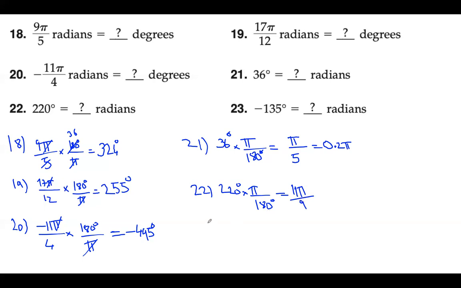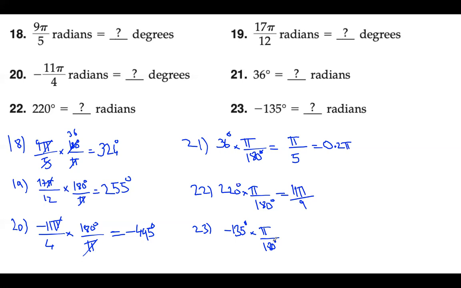The last question, 23. Negative 135 degrees. We multiply by pi over 180 degrees. So I write in the calculator negative 135 divided by 180.